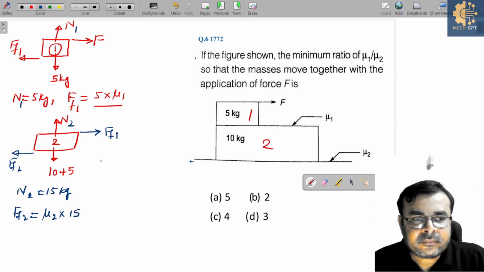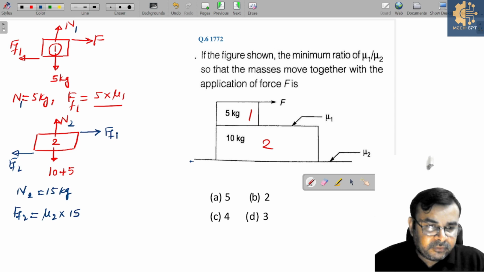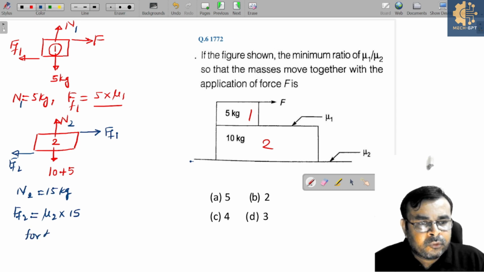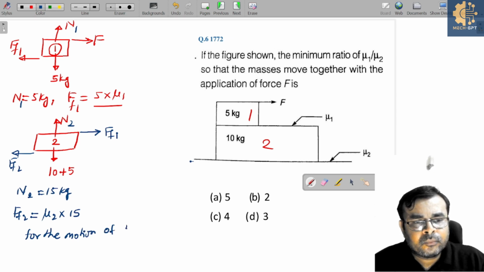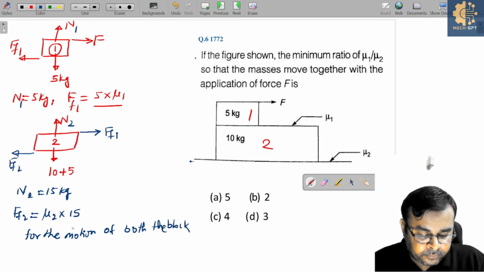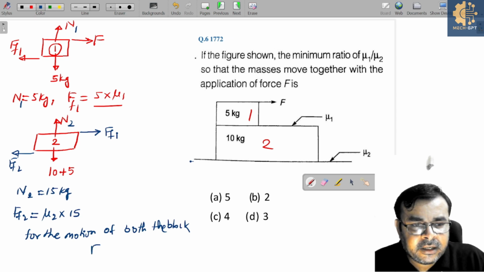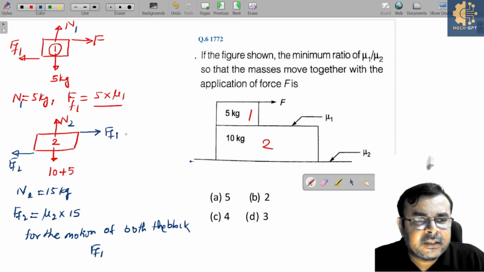Yes or no? So the question is, when both the blocks can move, so simply we can say for the motion of both the blocks simultaneously, if FF1 force is greater than FF2 force, then obviously the bottom block can move, yes or no?